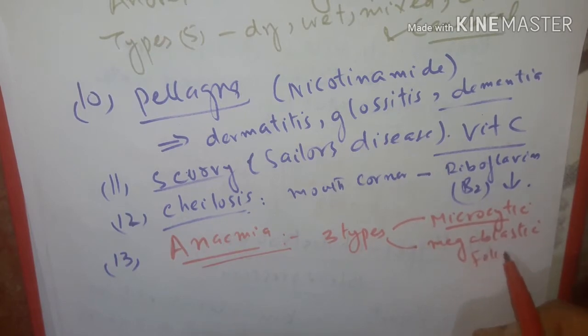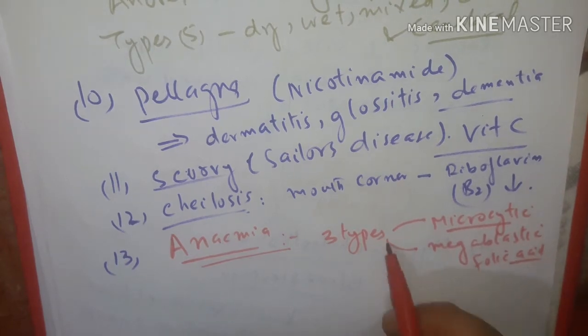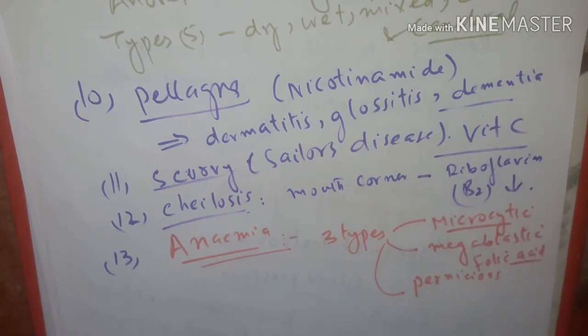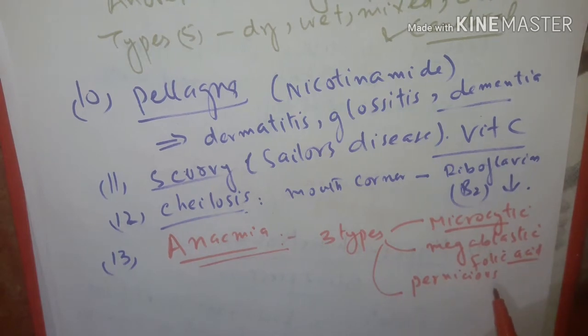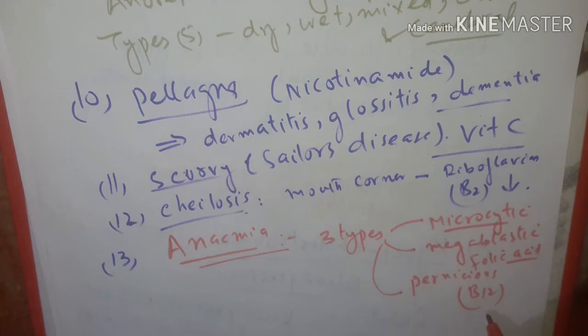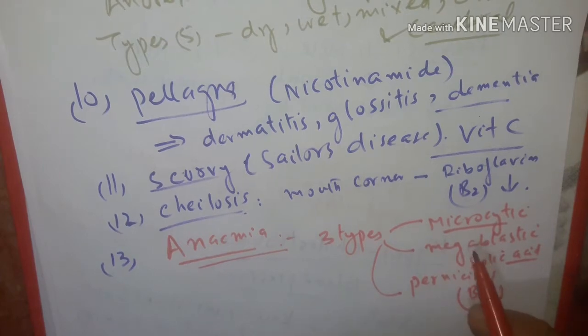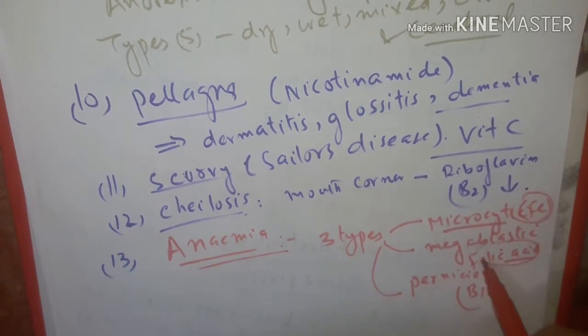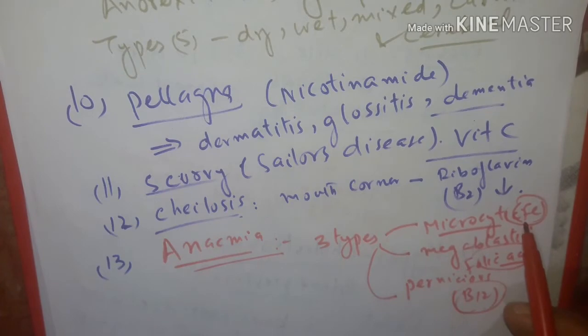Third is pernicious anemia, due to production of hemoglobin in immature RBCs caused by B12 deficiency as a result of deficient intrinsic factor. So again, one is iron deficiency, and here folic acid, B12 deficiency.